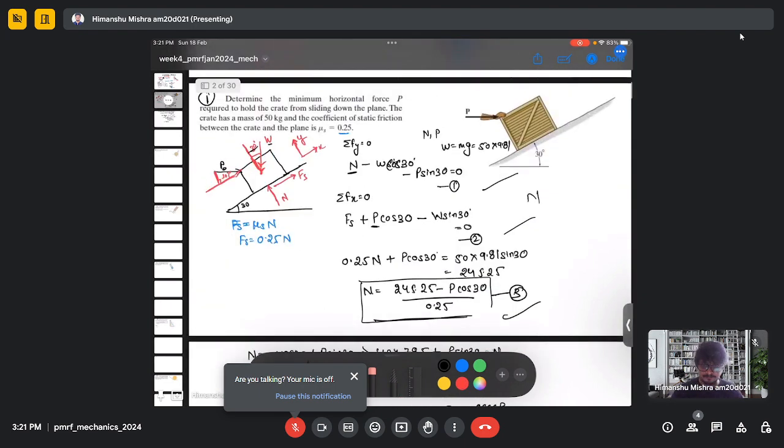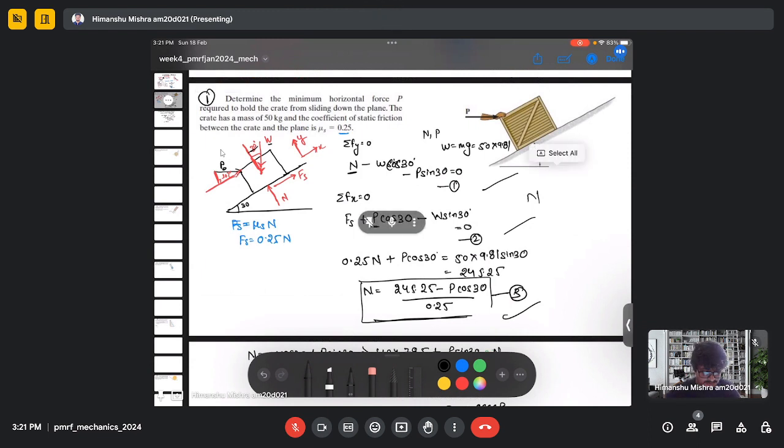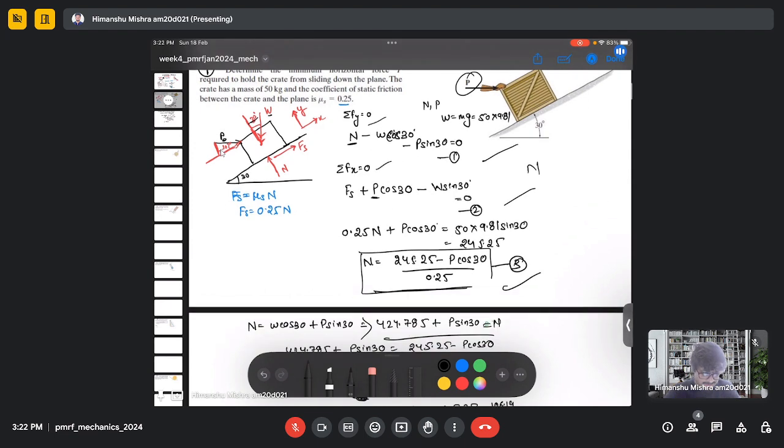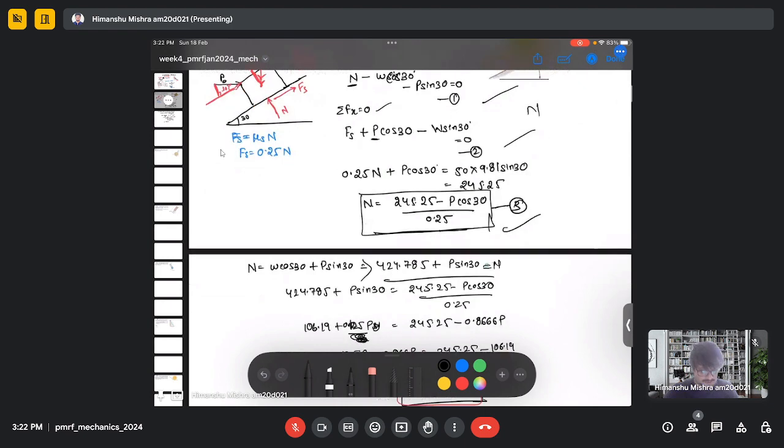So just to recap, we need to find the external force P in order to hold the object. First we made the free body diagram where we actually include the effect of friction, unlike the previous examples we have seen in the previous weeks. And then we do the usual force balance exercise to determine the external force.